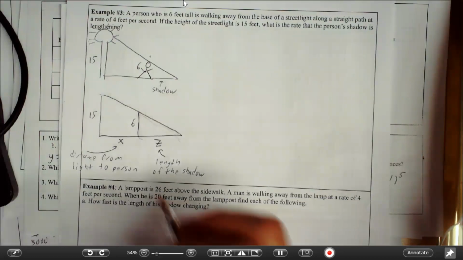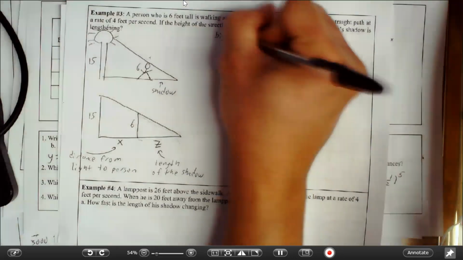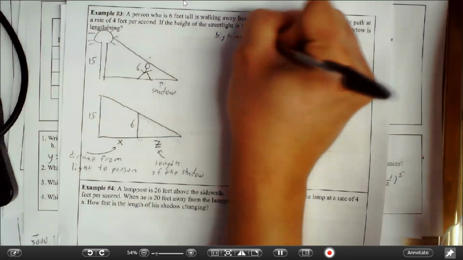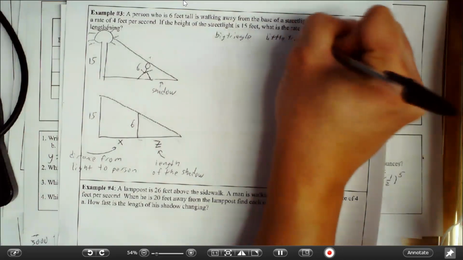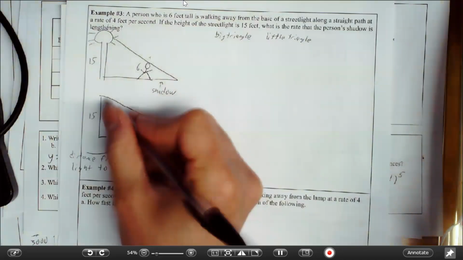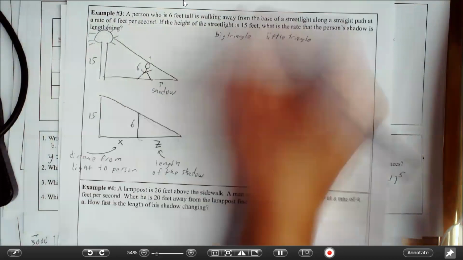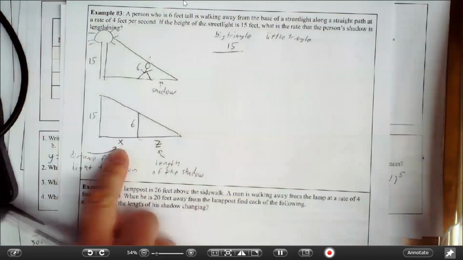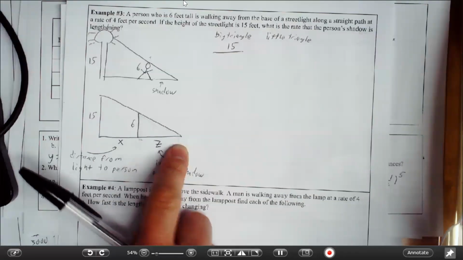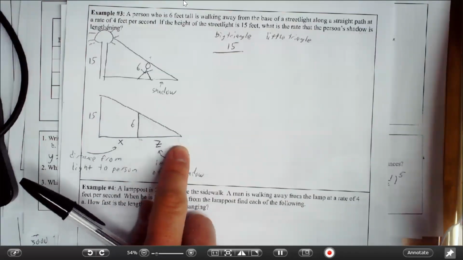So what I'm going to do is I'm going to set up a proportion. Now I'm going to set up the big triangle to the little triangle. Now, the height of the big triangle is 15. And the length of the big triangle is what? So this is the big triangle.